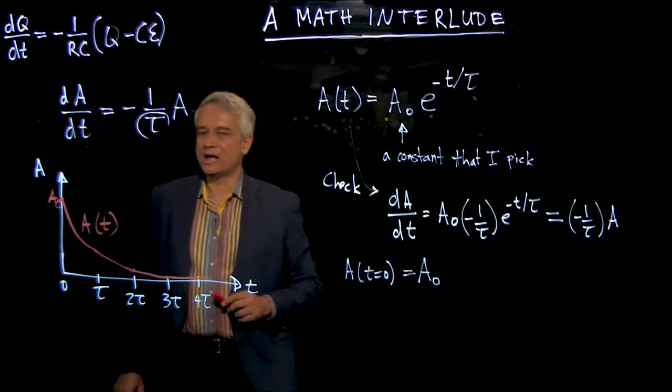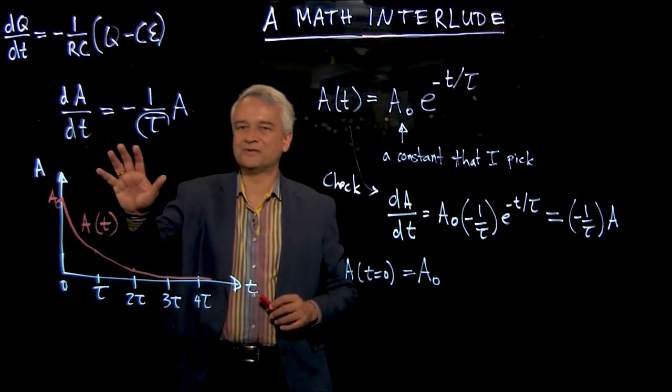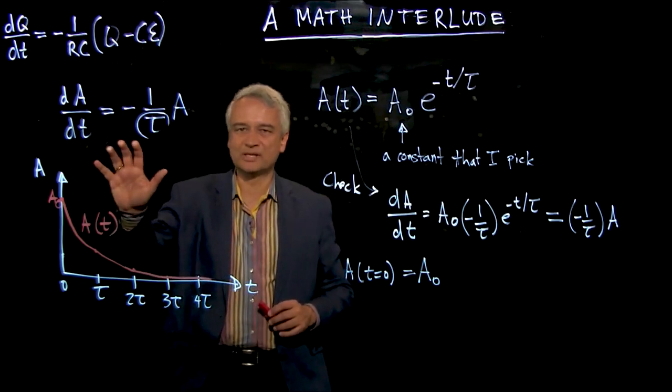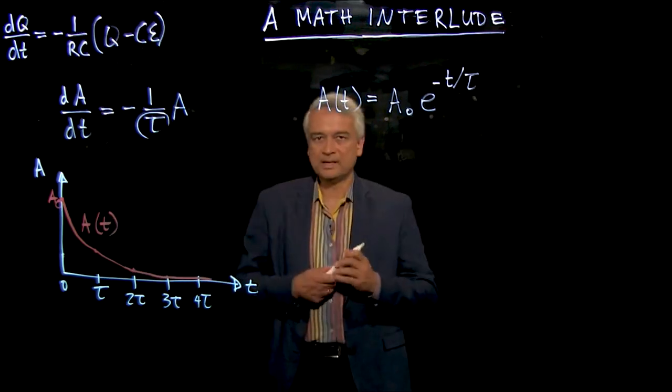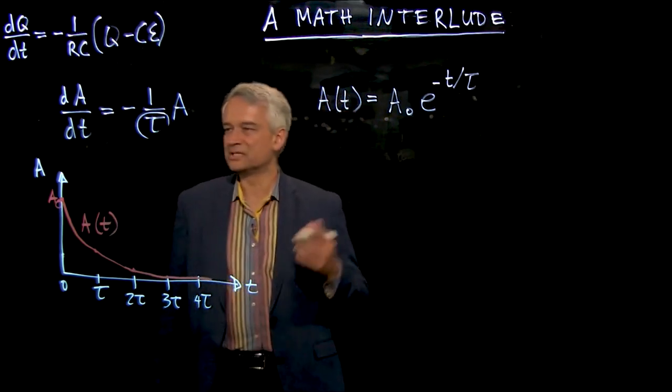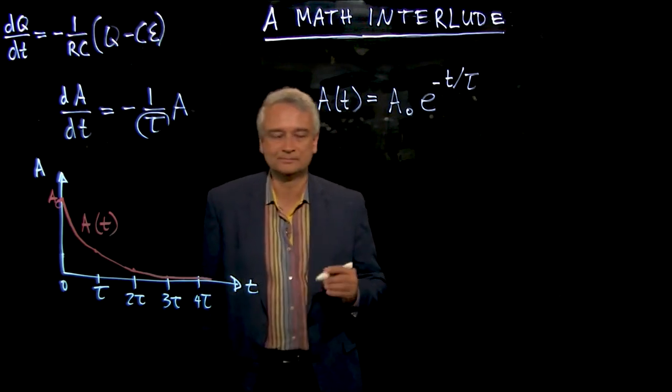So now I want to write a differential equation that is very similar to this, but not exactly this, and it'll be directly related to this one. Let me write a differential equation down for some function b of time.